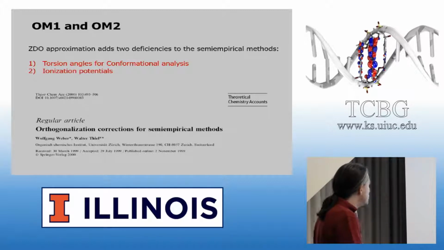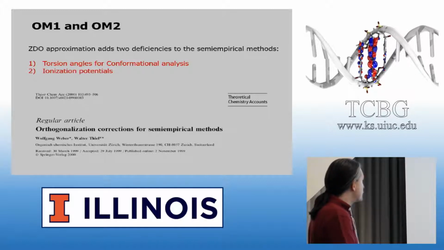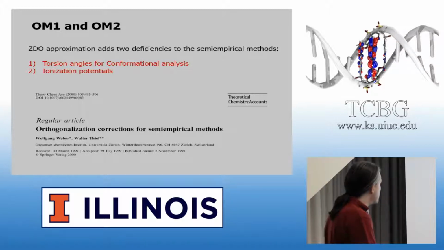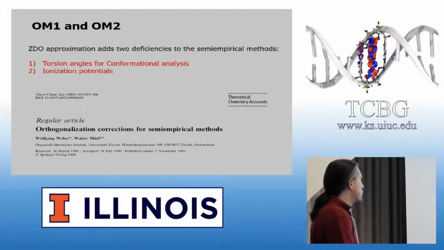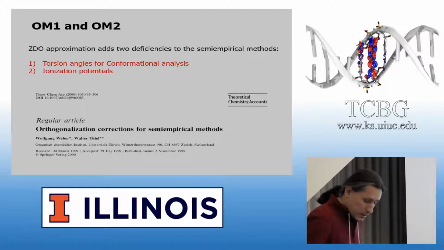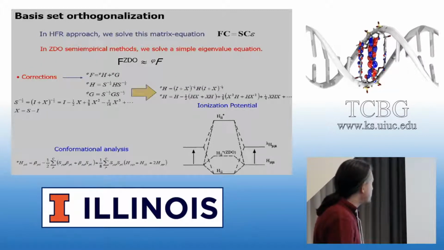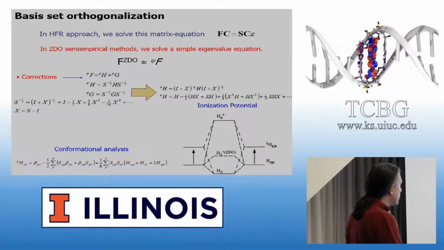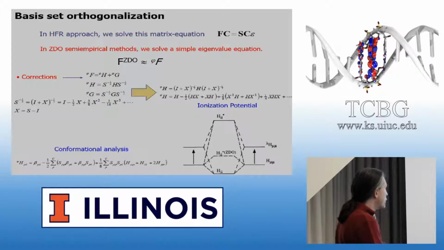There are 2 problems with the ZDO approximation. The ZDO approximation has a strong impact on the torsion angles for conformational analysis and on the ionization potential. Remember I showed this equation for you.